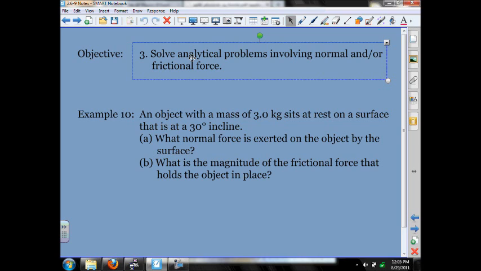Example 10 states that we have an object sitting at rest on an incline, 30-degree incline. We're asked for the normal force and the frictional force.